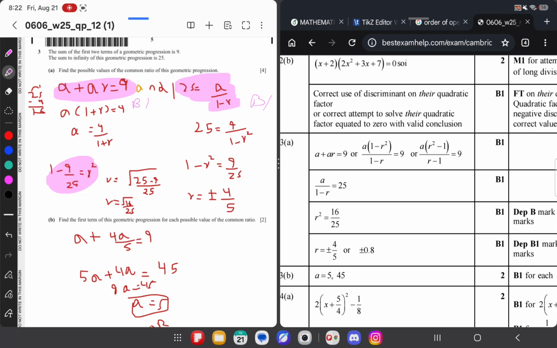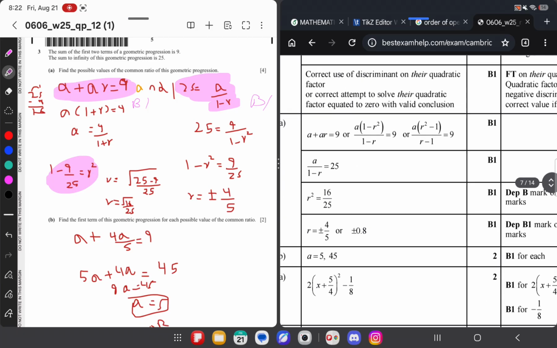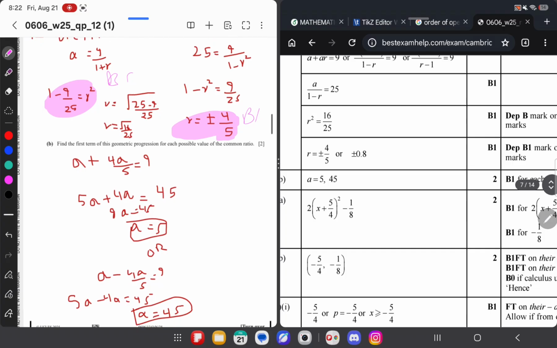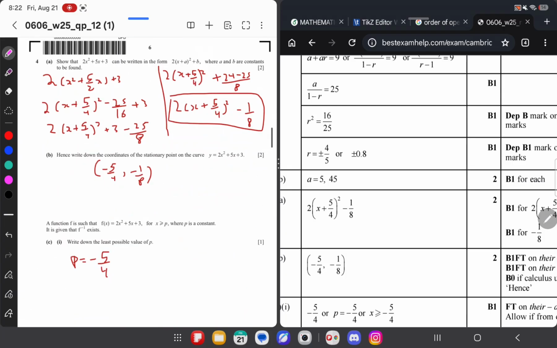And this we mark on previous B part marks. 4 plus 5 or 0.8. Yeah, you can see this is like full marks. Then A is equals to 5 or 2.45, 2 whole marks.